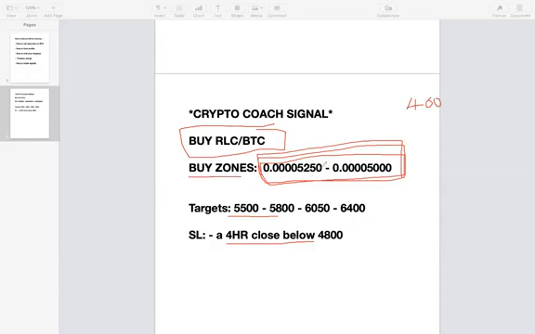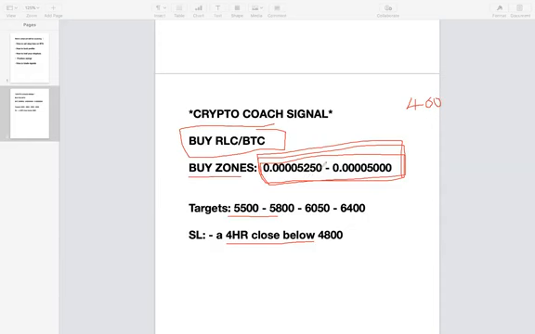Don't FOMO in. So now, what a smart person will do in this scenario, when the signal is given, you want to go and buy at 5250, right? You want to buy with $400. You buy $200 first at 5250.